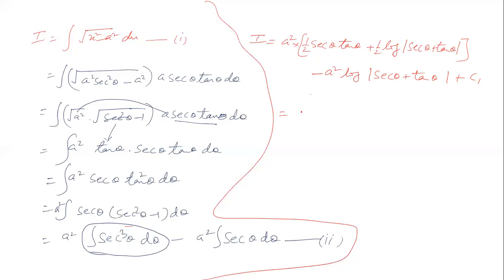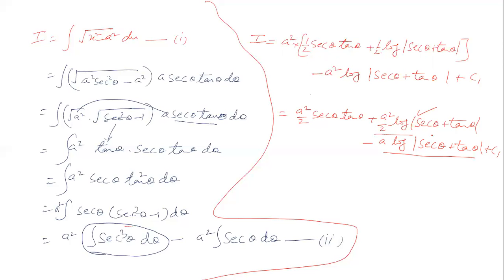It will be a square upon 2 sec theta tan theta plus a square upon 2 log of sec theta plus tan theta minus a square log sec theta plus tan theta plus C1.